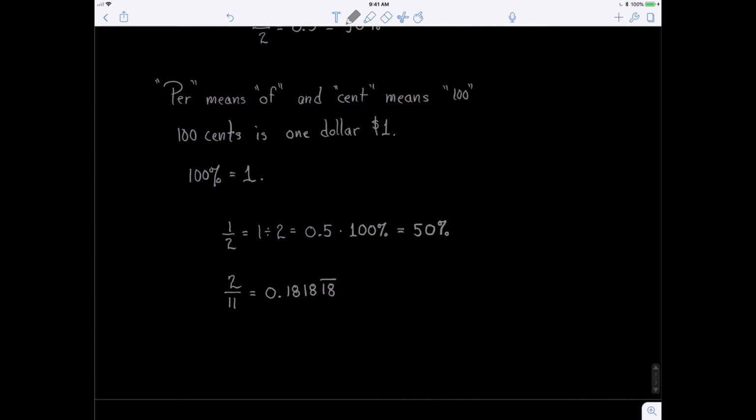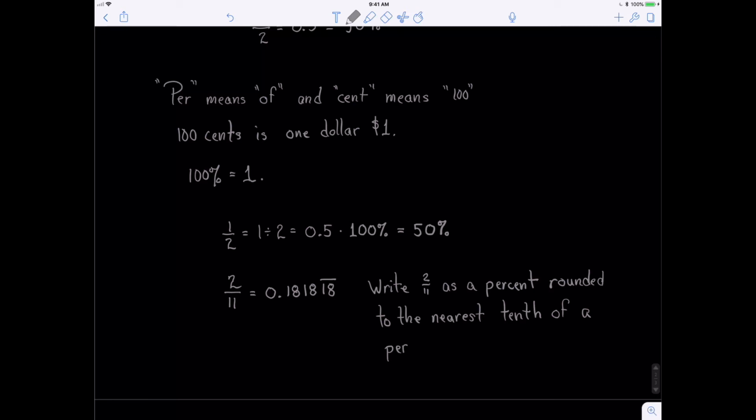Let's write 2/11 as a percent, rounded to the nearest 1/10 of a percent.